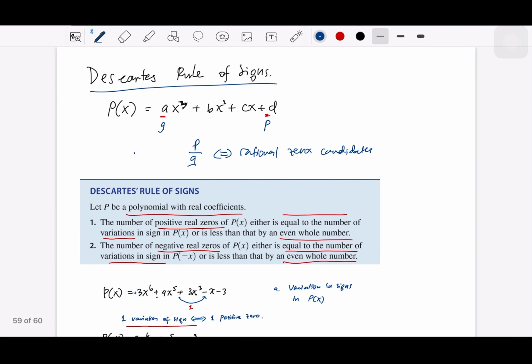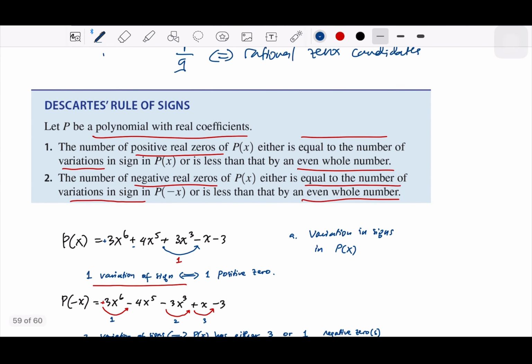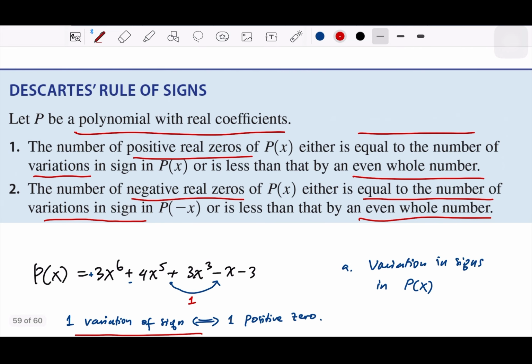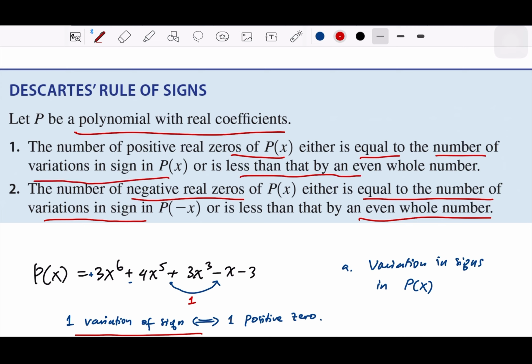If you remember the definition, the number of positive real zeros is either equal to the number of variations in signs or less than that by an even whole number.